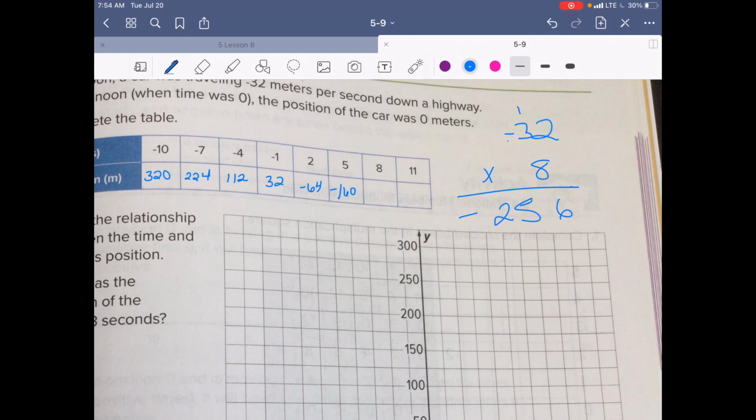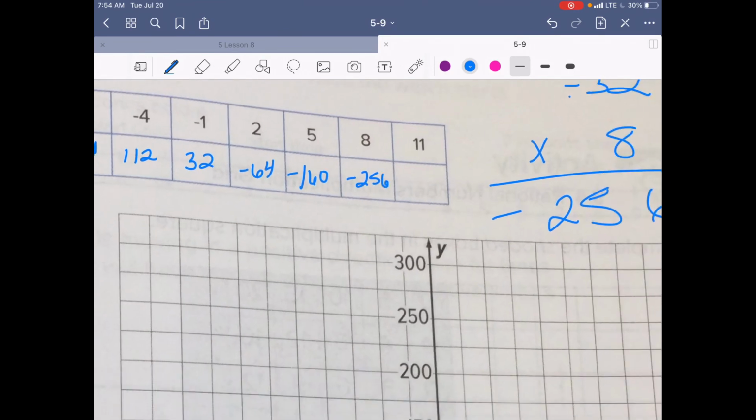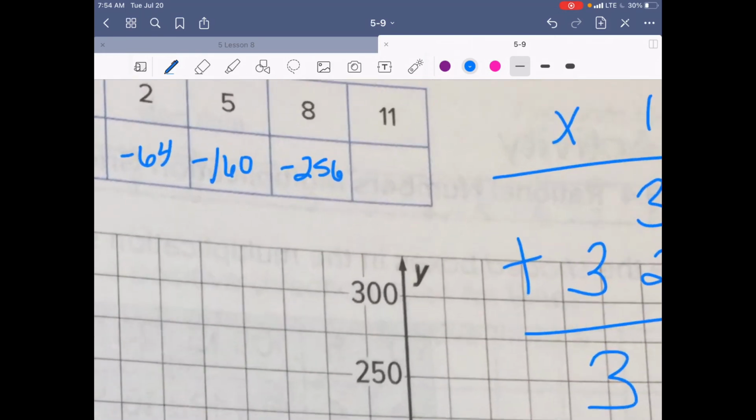And again, it's a negative. So negative 256. And then we'll do it again for 11. So we're going to have 2, 3, 0, 2, 3. Add that. 2, 5, 3. And it's going to be a negative because it's a negative times positive, 352.